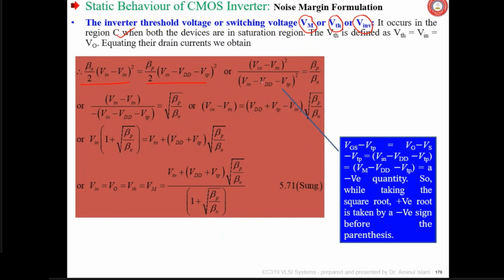Now manipulating it, we get VM equals this. So mathematically, we can obtain the value of VM, the switching threshold of the inverter. The threshold voltage of a MOSFET is different from the switching threshold of the inverter. Remember that.